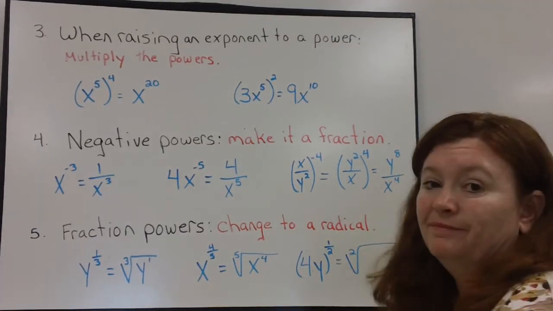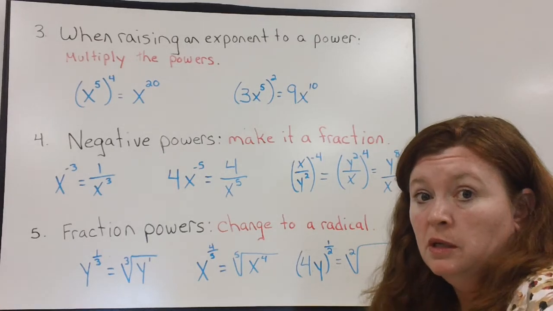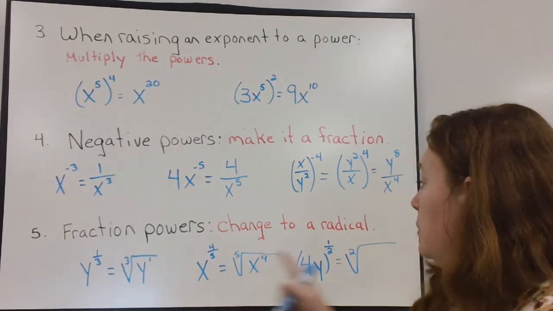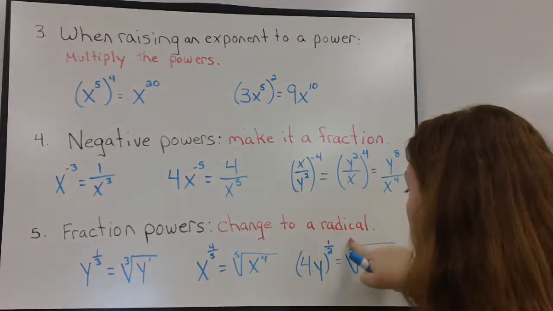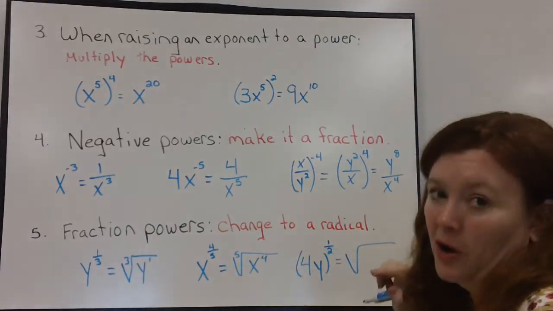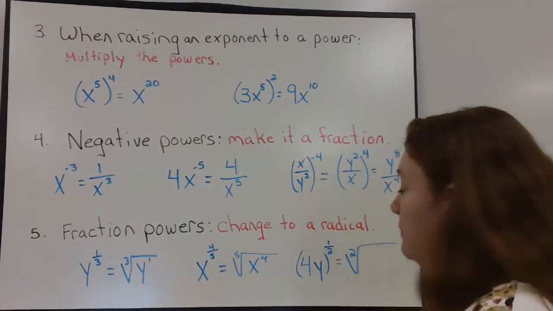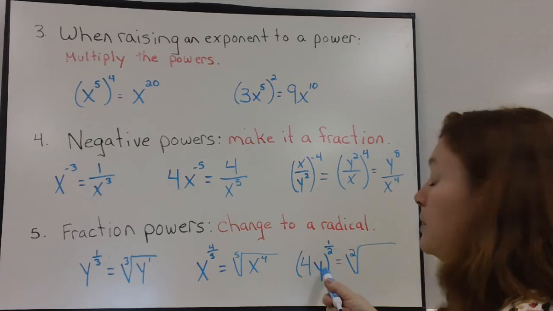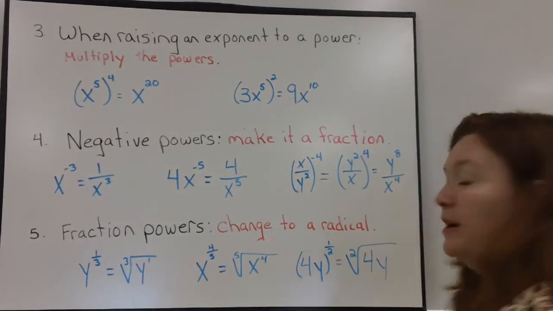But we don't really have to write that. That's a square root, not a 3rd root or a 5th root, and a square root is the same thing with or without the 2, because there's an understood 2 already. So either way, if you want the 2 or don't want the 2, it's okay. And all of the 4 and the y go inside the radical.